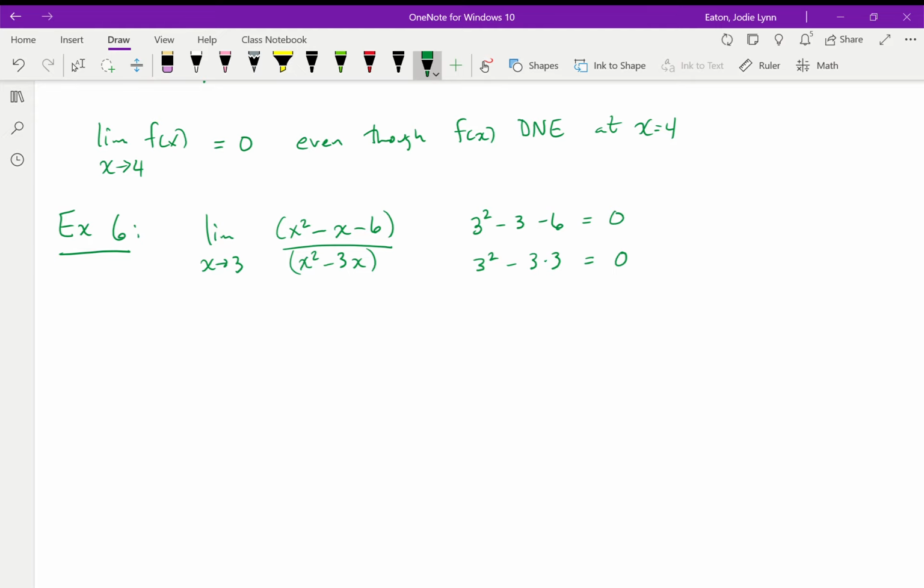Okay, so notice I'm not making this into a fraction and I'm not making the limit equal to it. This is just my test to show that we have indeterminate form. 0 over 0 is indeterminate.